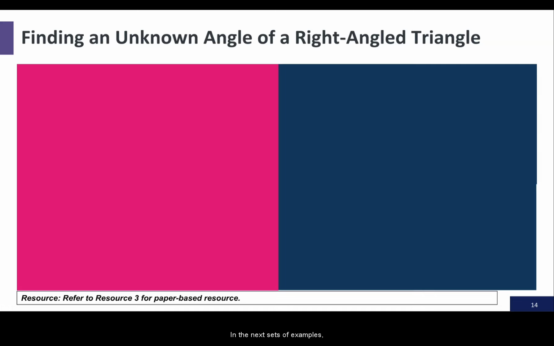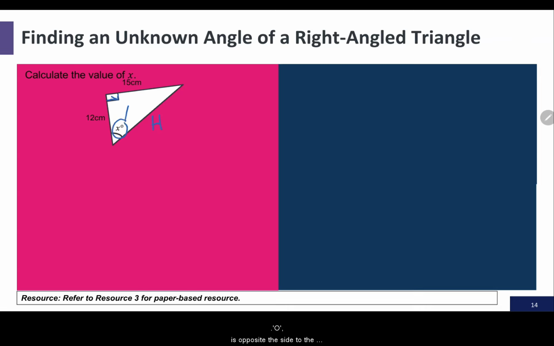In the next set of examples, we'll be going to find an unknown angle of a right angle triangle. Here is the first example. Labelling as before, the right angle points to H. O is opposite the side of the angle we are working with.